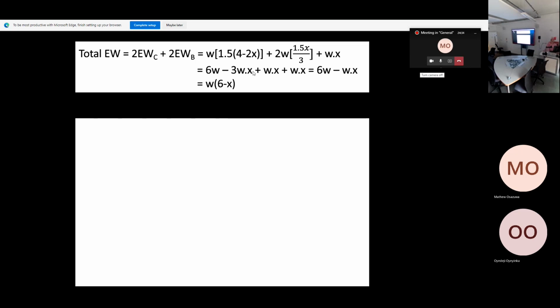And when you expand the brackets and simplify, you get 6 times W minus W times X. You can take the W outside the bracket times 6 minus X. So the total external work is W times 6 minus X.